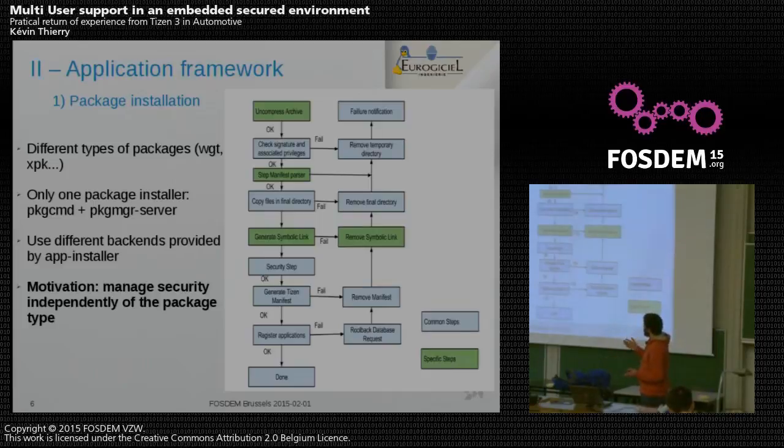The main motivation behind that is to manage the security independently of the package. You want to have uniformization of the security. So if you add a new kind of package, the security will be handled the same way for all packages.